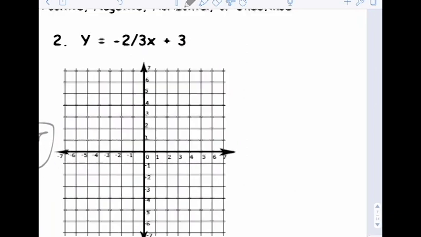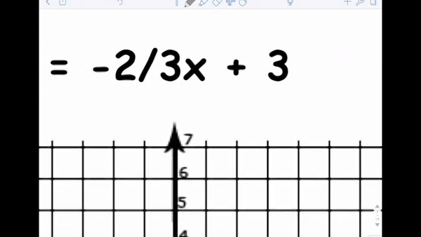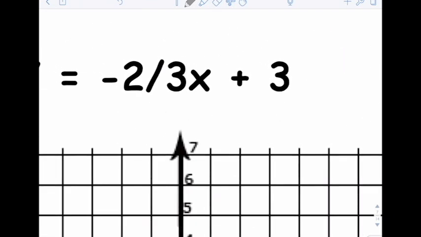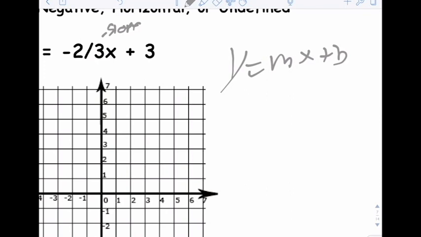Alright, next problem. y equals negative 2/3 x plus 3. So we'd write down the formula y equals mx plus b. And if the slope is a whole number, change it to a fraction. In this case, again, negative 2/3 is not a whole number, so we do not have to do step 2.